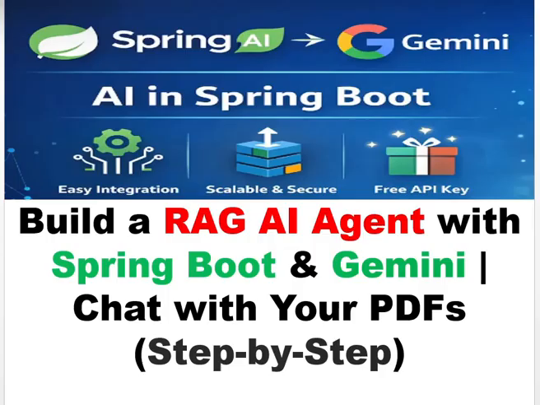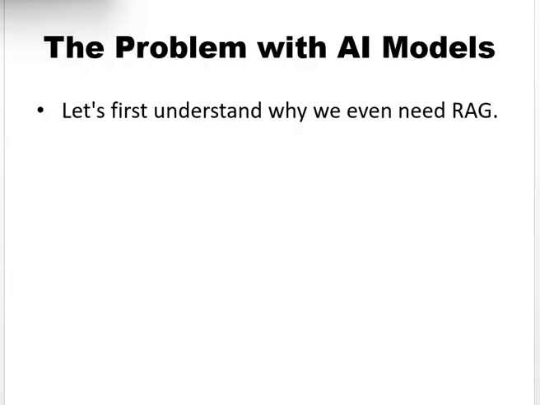When the user asks a question, the application finds the most relevant chunks, sends only those chunks to Gemini, and Gemini generates an answer based on the information. So it means our AI won't rely only on its pre-trained knowledge, it will use our documents to answer the question.